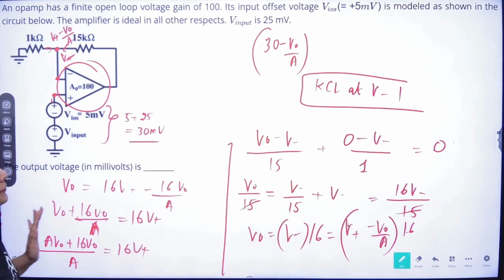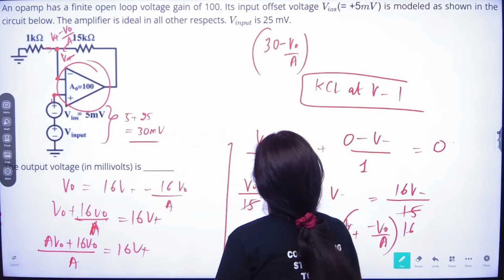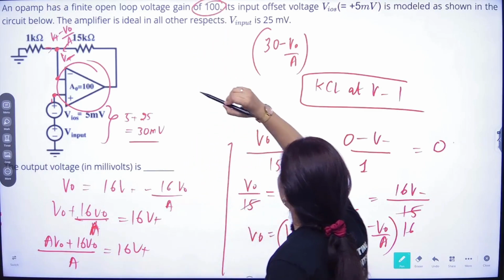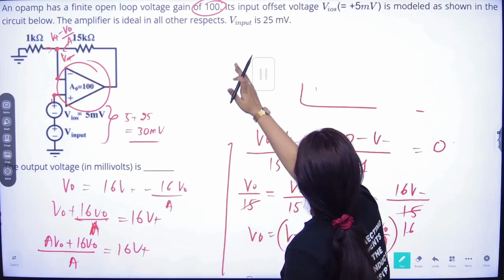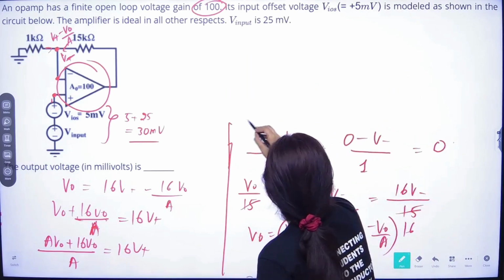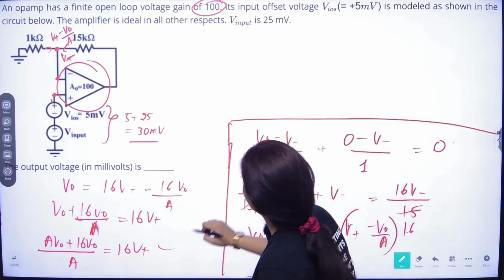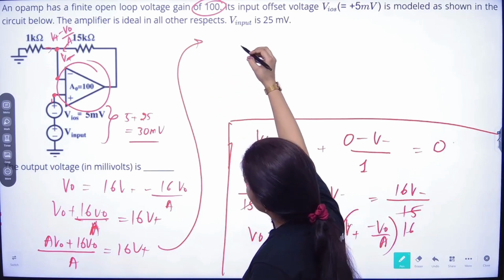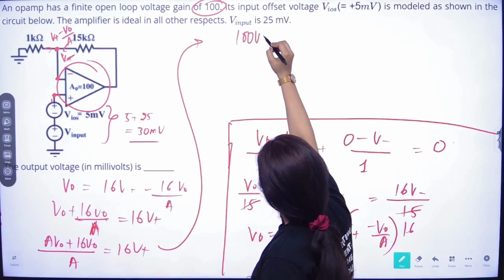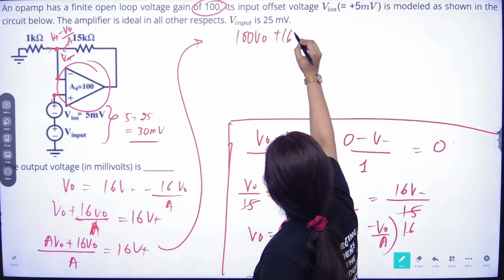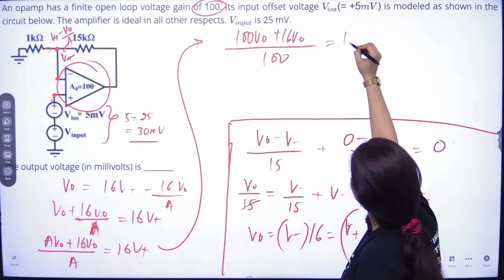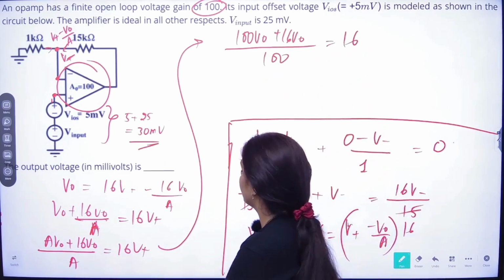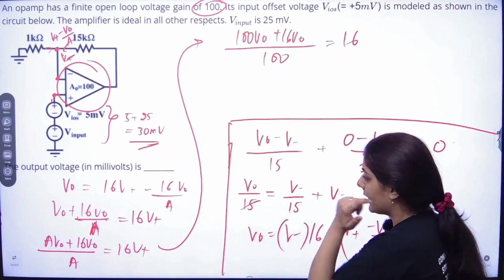We know the value of the gain, right? We know that the A value is given as 100. So if we put down the value of A, I'm solving it here: 100 V naught plus 16 V naught divided by 100 is equal to 16 times V positive. We also know the V positive value, which is 30 milli.